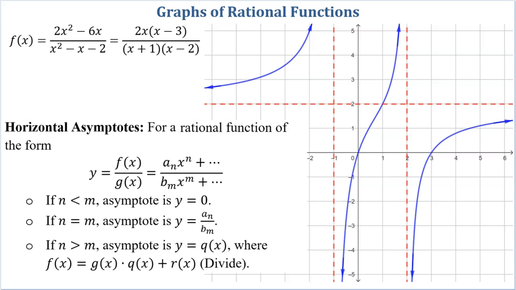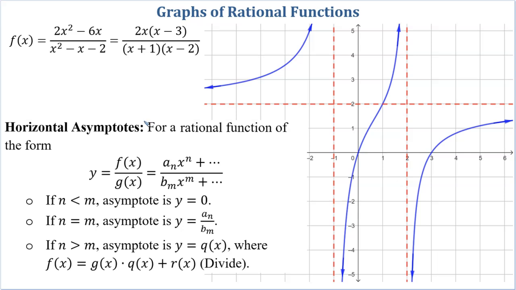Next thing we'll talk about are the horizontal asymptotes of rational functions. And this will probably be the one tricky part just because there's a few different cases to work with. Okay, so we'll say for a rational function of the form f of x over g of x, where here we'll just expand those polynomials on top and bottom out, like we have in the first case.